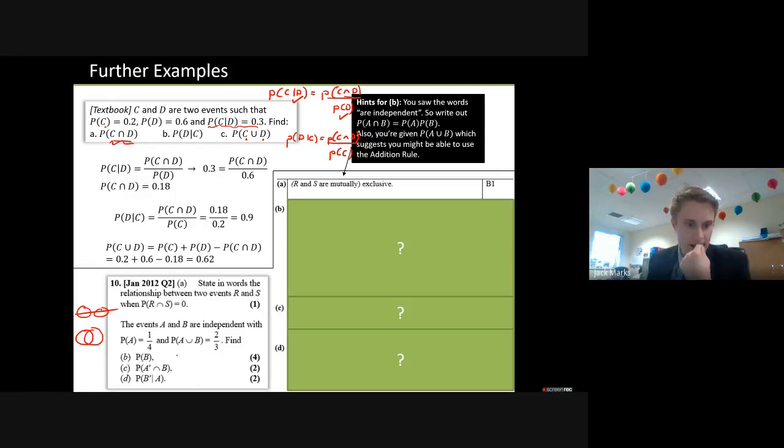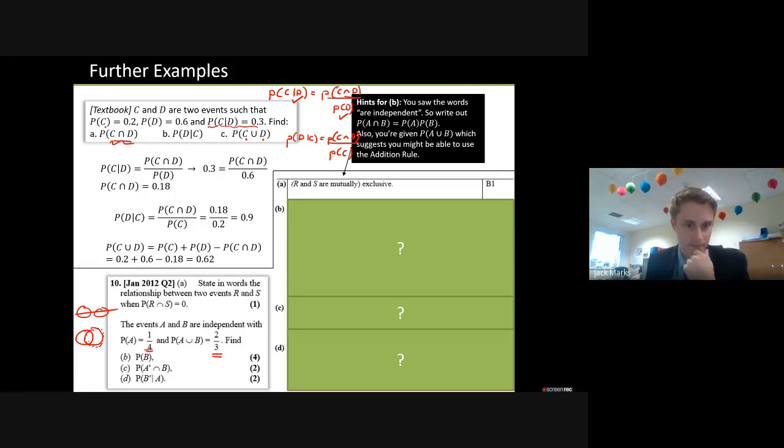Well, if I did 2/3 minus a quarter, that would leave me with everything inside this circle, wouldn't it? Also, if they're independent, what does that mean?